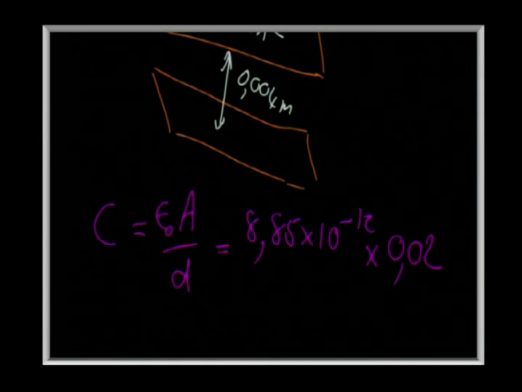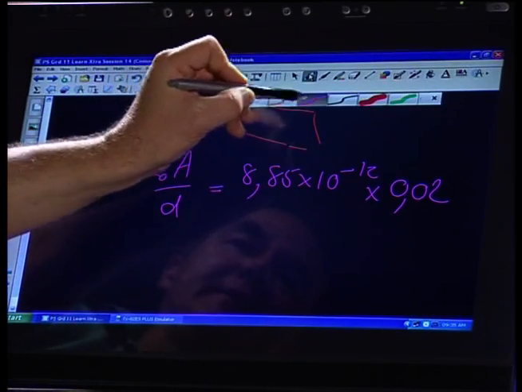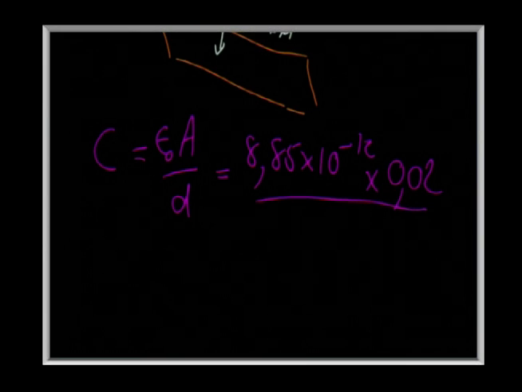Don't double the area. It's just the area of the plate. Make sure you just substitute the area of one plate. We don't double it. Although both of them have that area, don't double it, whatever you do. And then we're going to divide that whole equation by the distance.